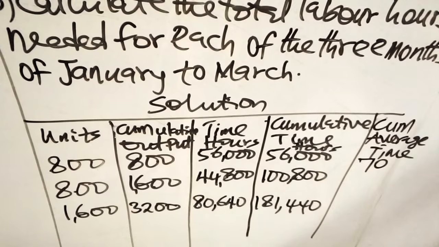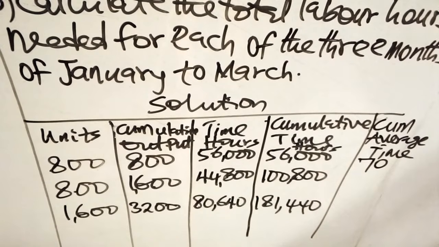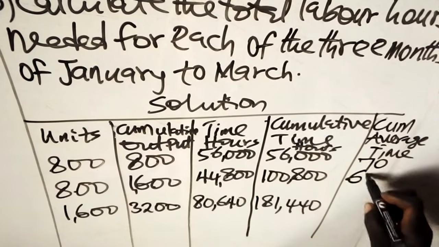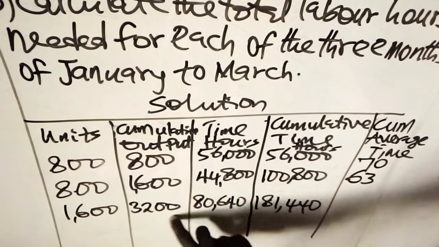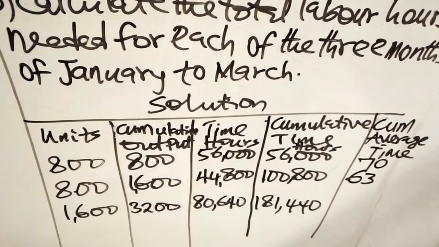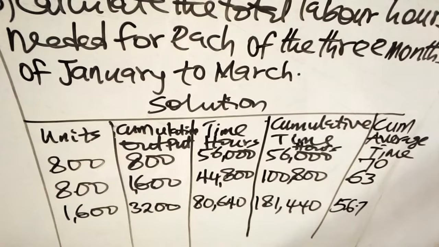The second one, 100,800 divided by cumulative output of 1,600, there you have 63. The third one will be 181,440 divided by 3,200. That will be 56.7.